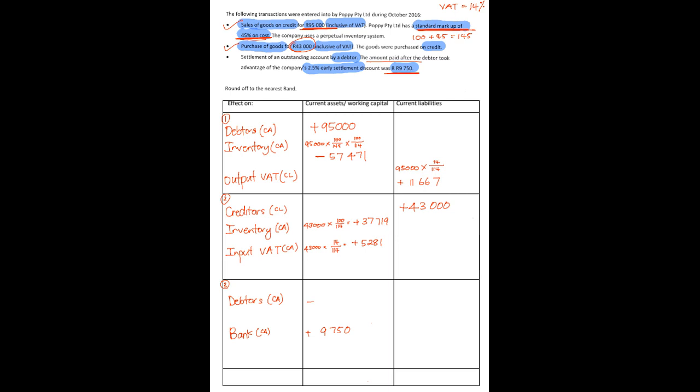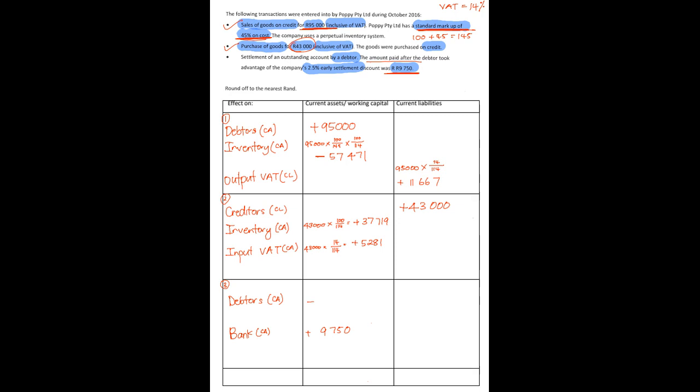Now, in terms of the debtor, what they're saying here is that the debtor actually owed you a higher amount, but we offered them a discount of 2.5% if they paid us early, and so that's how they only ended up paying 9750. But the amount that they initially would have owed us would have obviously been higher because that's before the 2.5% discount.